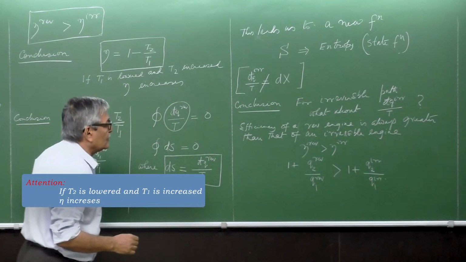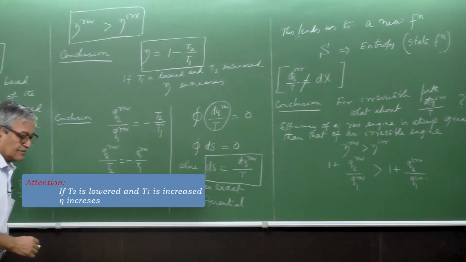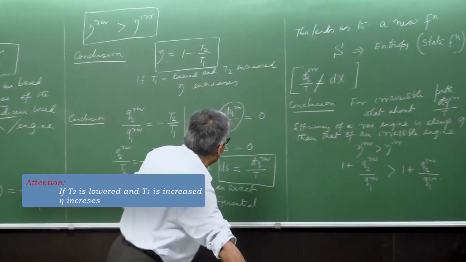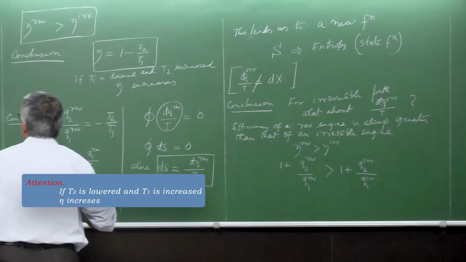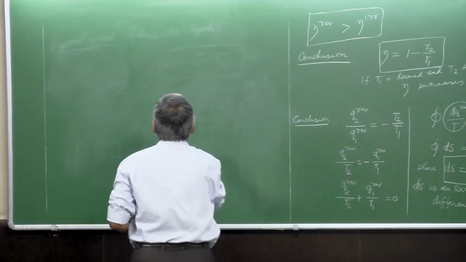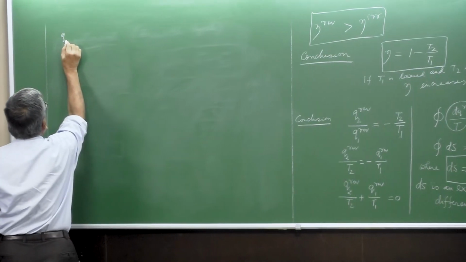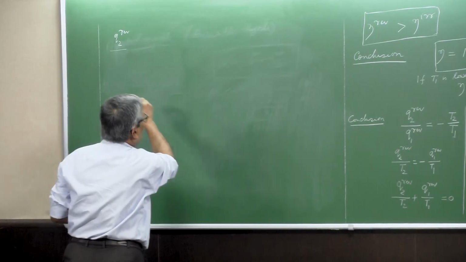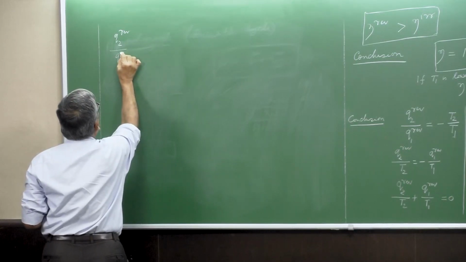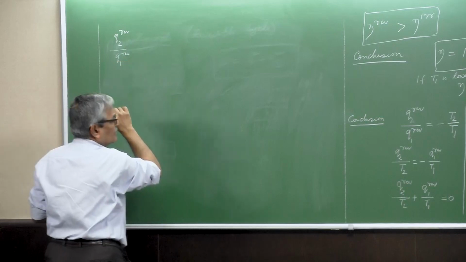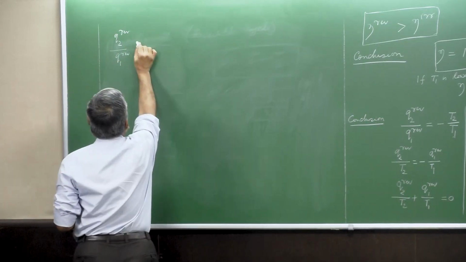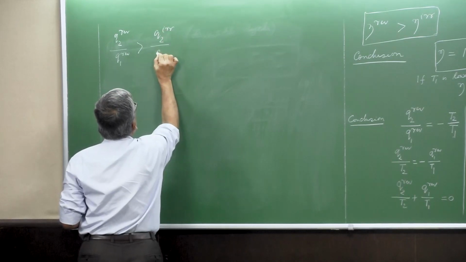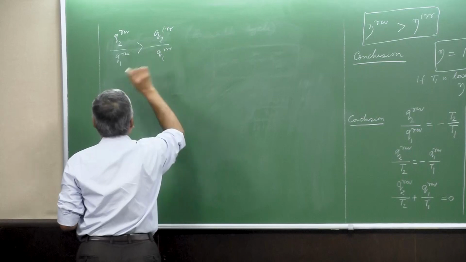This automatically follows from the definition of the efficiency. So if this is so, then I can write that Q2 reversible by Q1 reversible is greater than Q2 irreversible by Q1 irreversible.